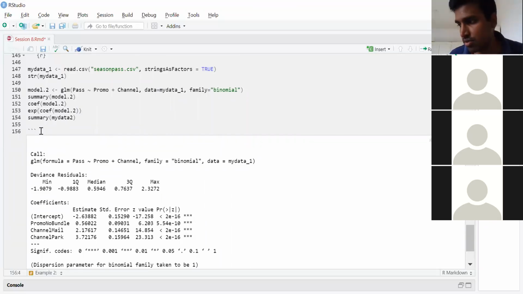If you are trying to plot like the earlier case, when you plotted with the normal functions for LMs, that might not really work with this logistic regression. That's another problem. Or else, what you're supposed to do is extract channel email, channel mail, and channel park separately, build charts for these three, and then merge them together.